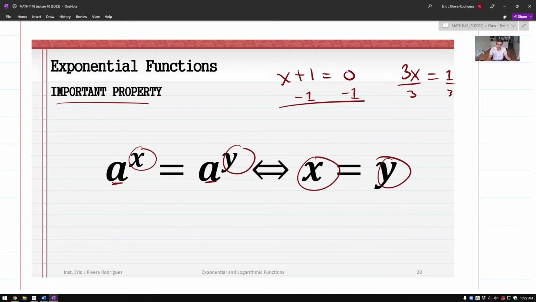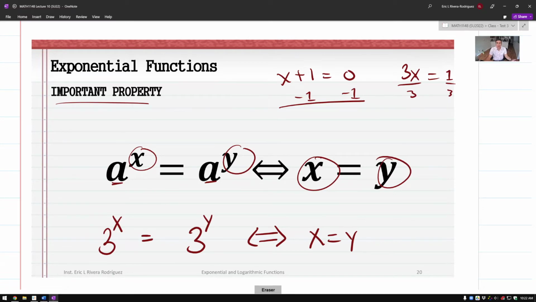For example, let's say that we have 3 raised to the power of x equals 3 to the power of y. We do not know the value of y nor the value of x, but this expression would tell us that both x and y need to be equal.